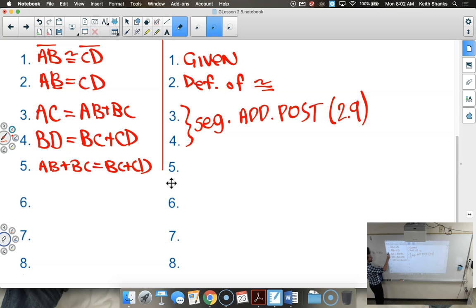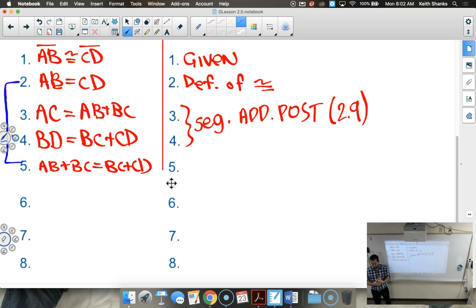Here's the connection. Does everybody see I basically rewrote this step right here? But what changed? What did I do on both sides? I added something on both sides. And is it okay in math for me to add the same thing to both sides of the equation?